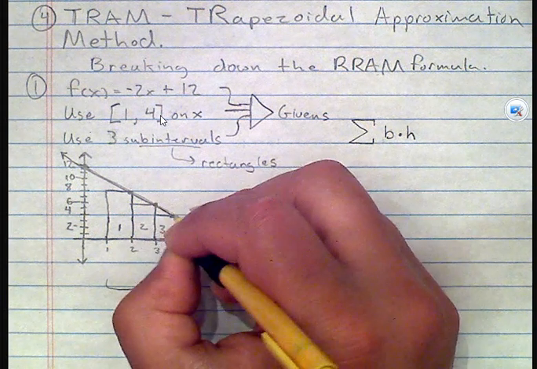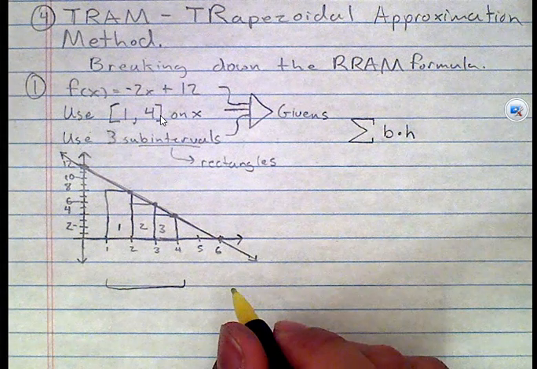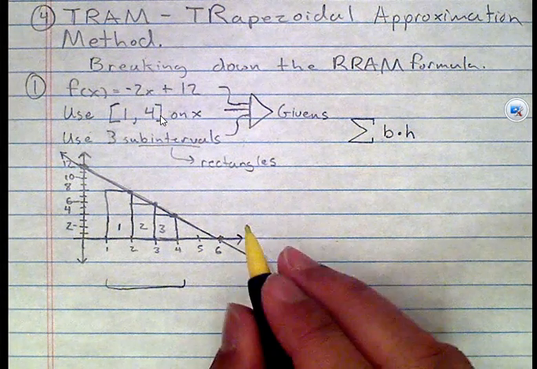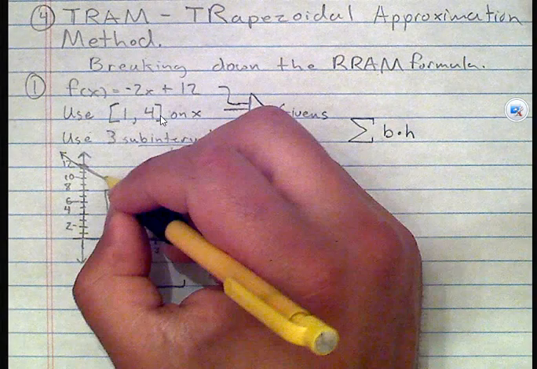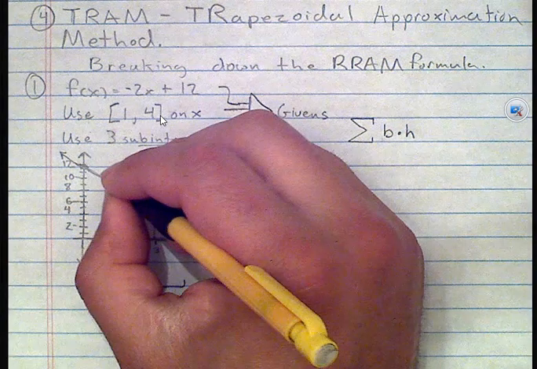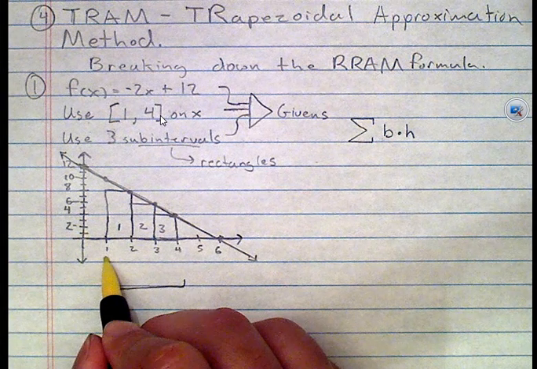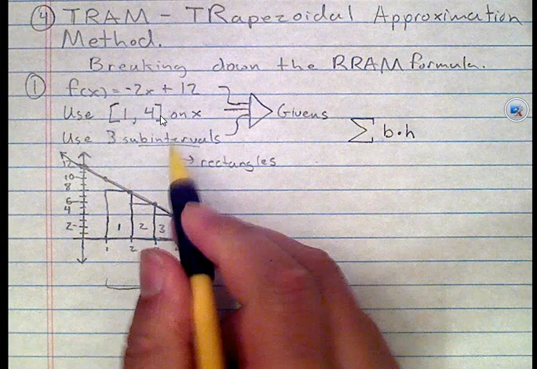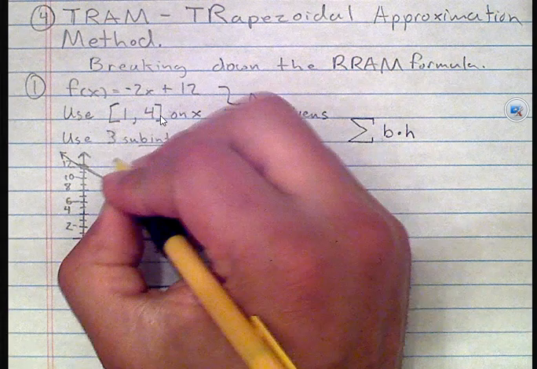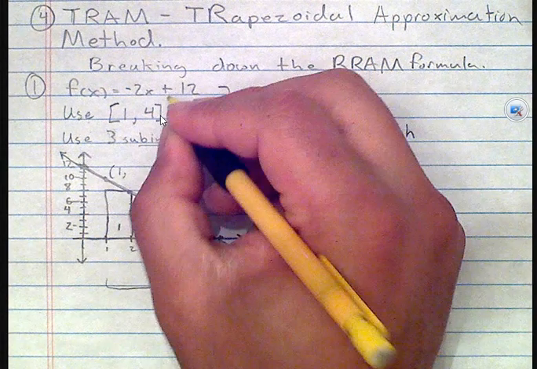Now the next step in all this is to find the important points. I guess we could find every point here, this point, if we wanted to. How would we find this point? We plug 1 into the function, negative 2x plus 12, and when I plug it in I get 10.